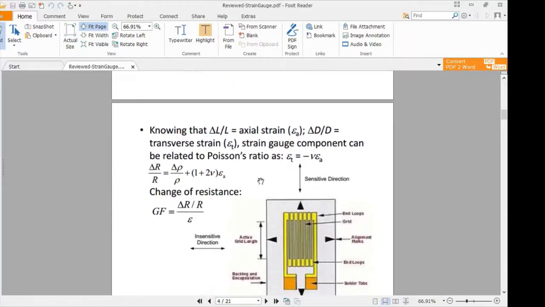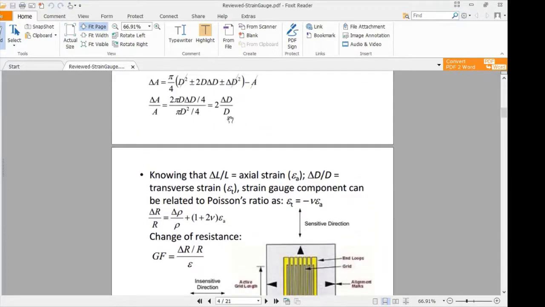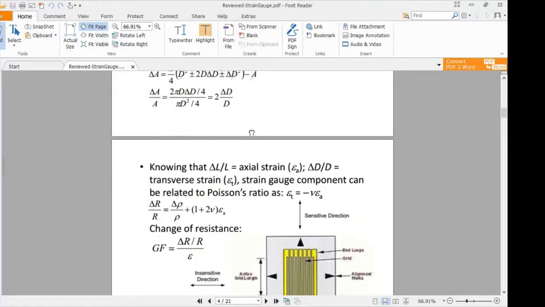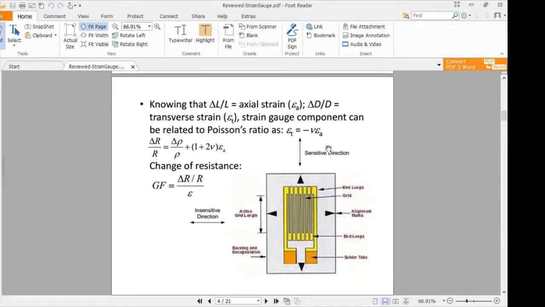Knowing that the axial strain is given by delta L divided by L, and delta d divided by d is the transverse strain, by using the Poisson ratio we can relate delta L and delta d, which is obtained from delta A of the area. So the transverse strain is equal to minus nu times epsilon A, the axial strain.